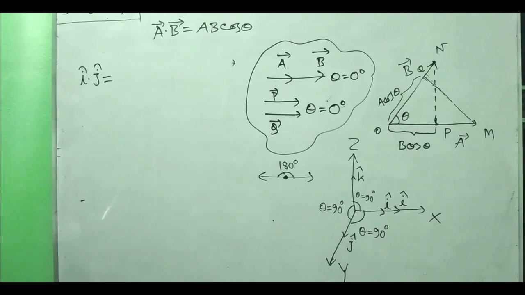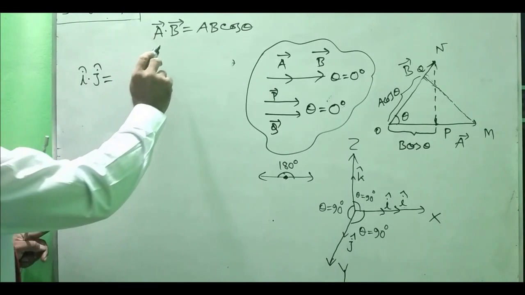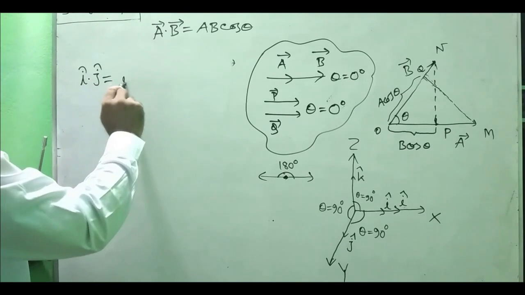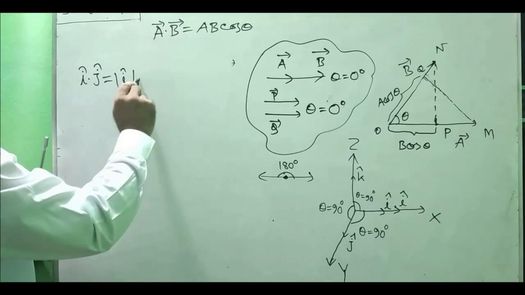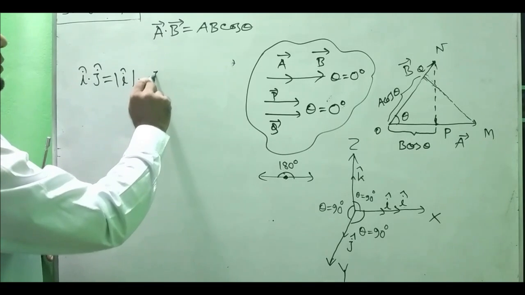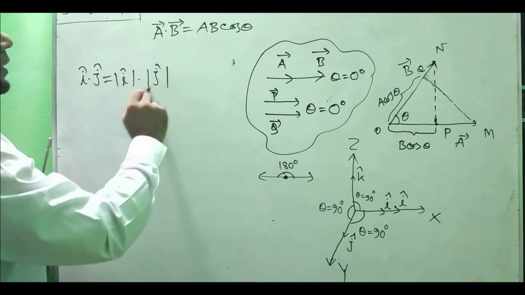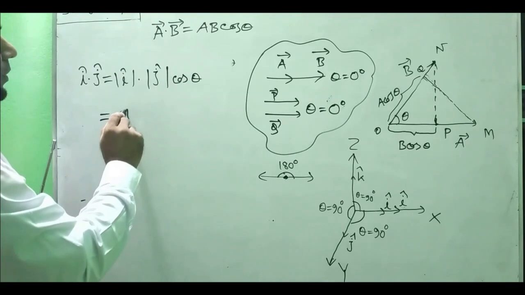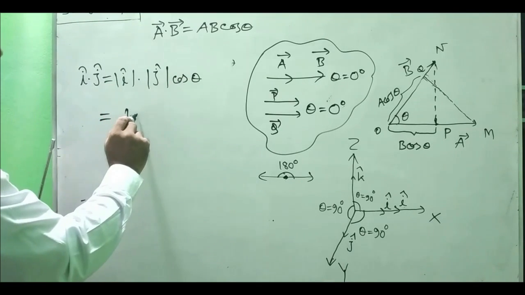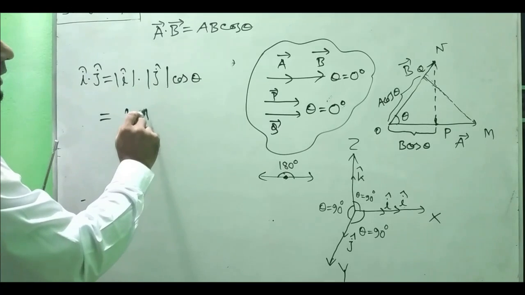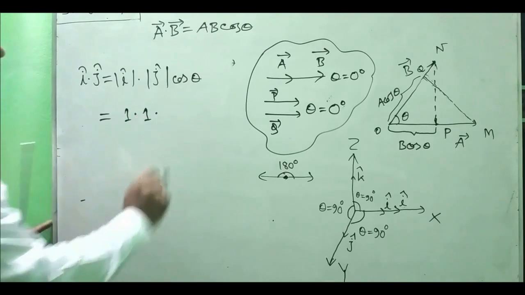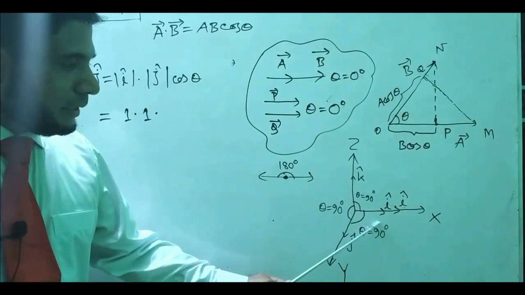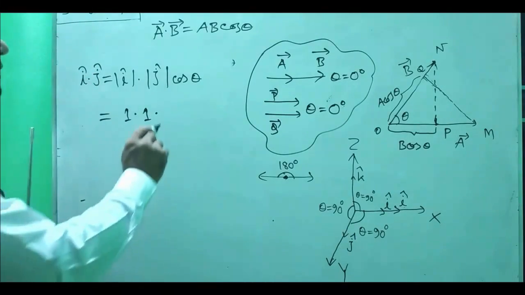Very important information. According to the dot multiplication, a dot b equals ab cos theta. So we will write here the value of i cap, dot the value of j cap, and the internal angle between them, cos theta. We can easily see that the value of i cap is 1, the value of j cap is 1, and the angle between i cap and j cap is 90 degrees. So let us substitute cos 90.